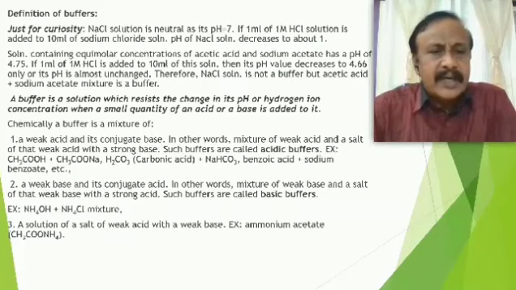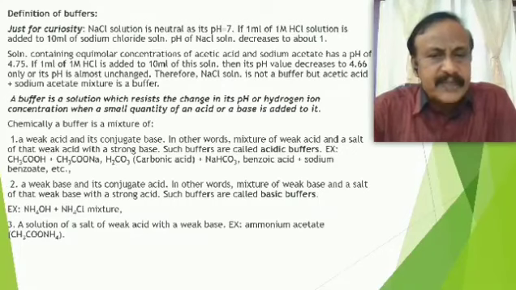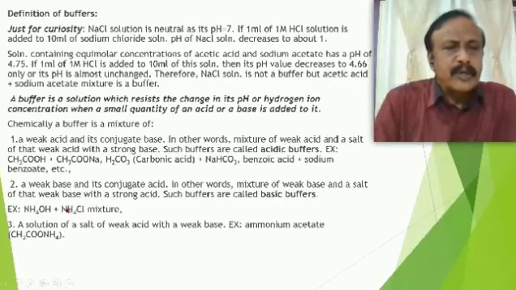Examples: acetic acid and sodium acetate mixture, carbonic acid plus sodium bicarbonate mixture, benzoic acid plus sodium benzoate mixture, etc. An example for basic buffers is ammonium hydroxide plus ammonium chloride mixture.